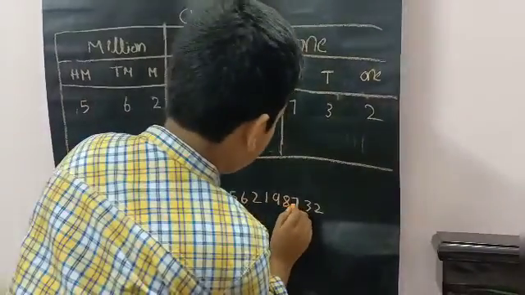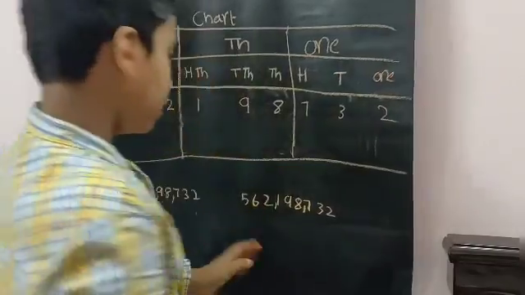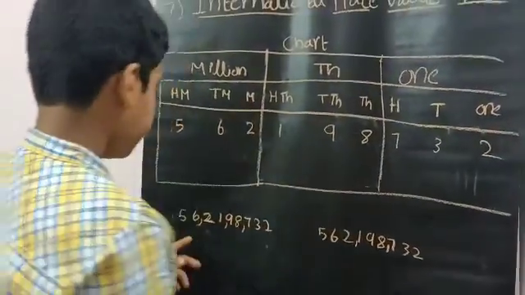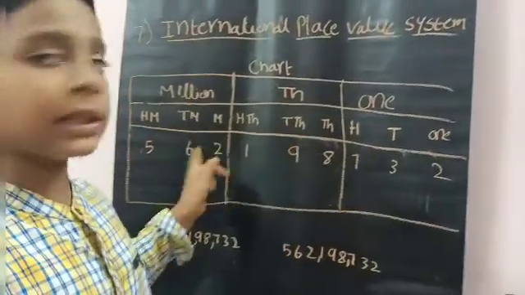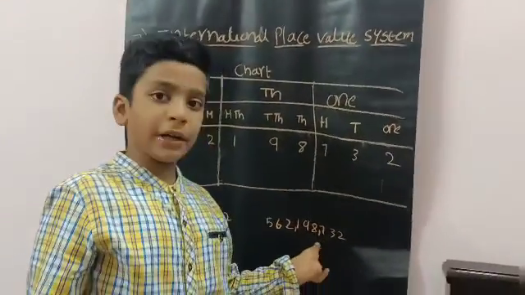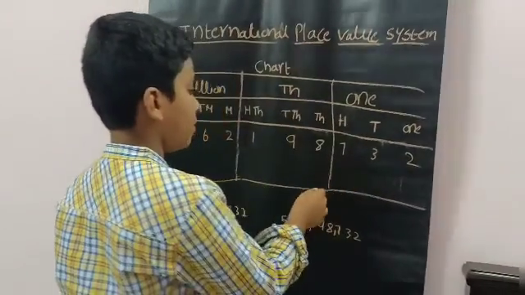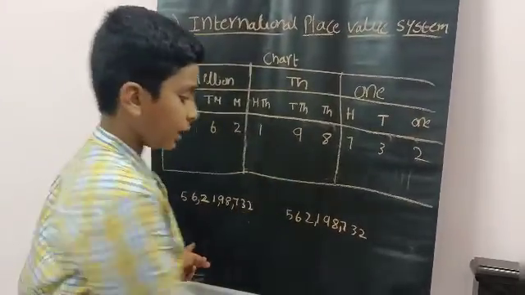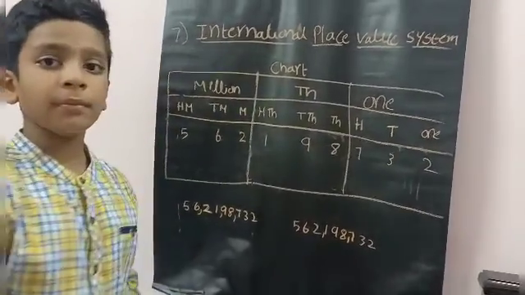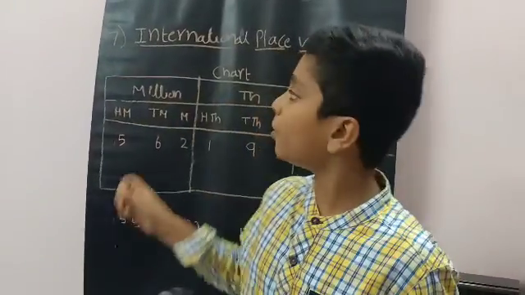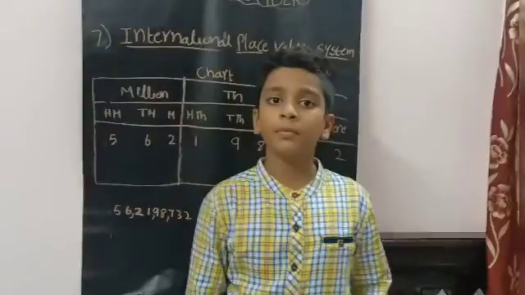Now keep commas between the periods like this. See, for us there came 3 commas, but with this method only 2 commas came. Why? Because they keep a comma after every 3 numbers. Okay, this is about the international place value system.